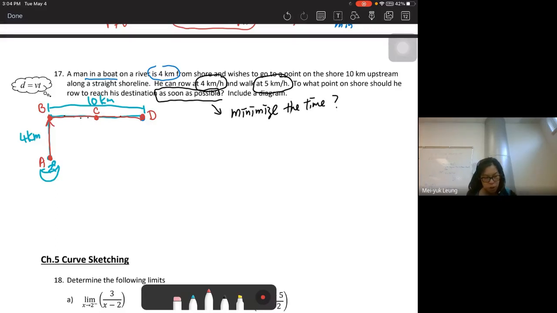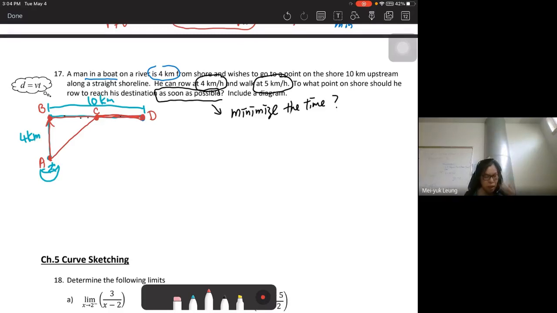Or he could row his boat all the way to point D so that he doesn't need to walk at all. Or he could row his boat to point C, then get off the boat and walk along the shoreline to point D.